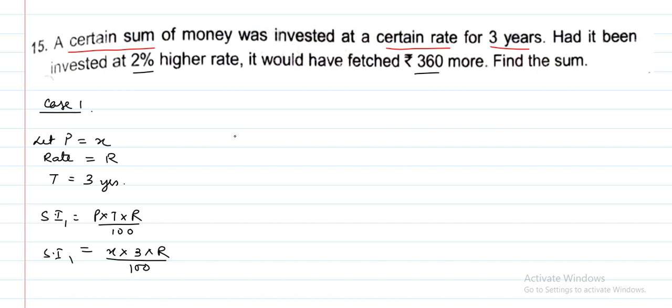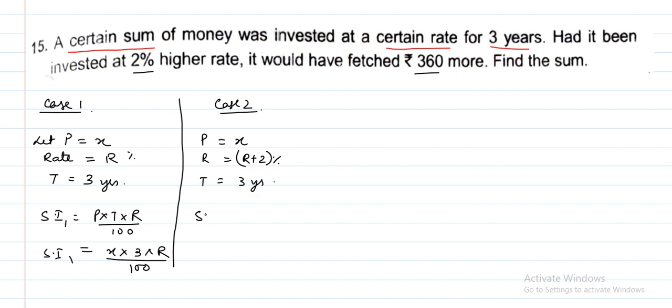Now in case 2, what happens? Here the principal is the same, that is X, but the rate is 2% higher. That means earlier it was R, now it is R plus 2. Time is again 3 years only.